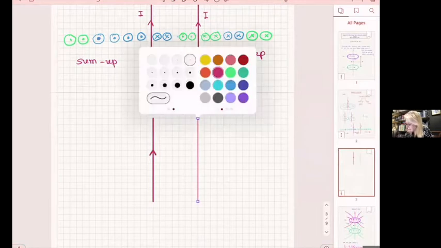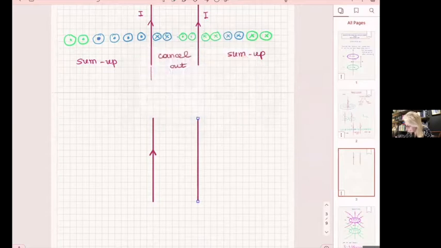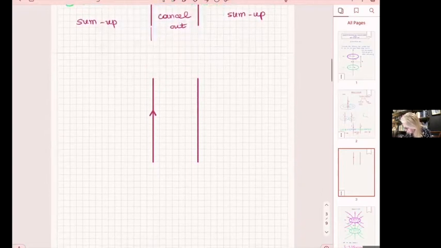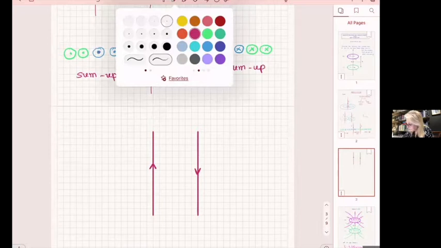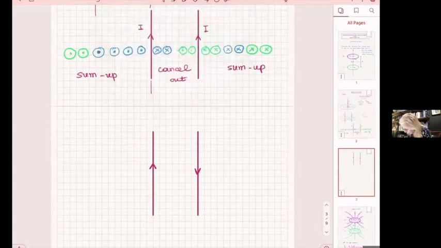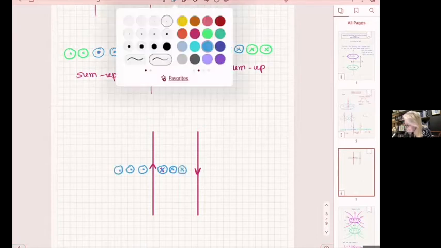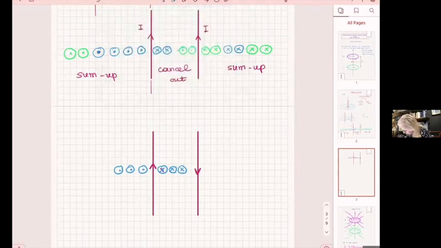Without going into the same detail in between the currents, in drawing the magnetic fields, you expect that the opposite is going to happen. That here, the magnetic fields will sum up. So here, the magnetic fields will remain the same for this current. But here, the magnetic fields for the other current will reverse.